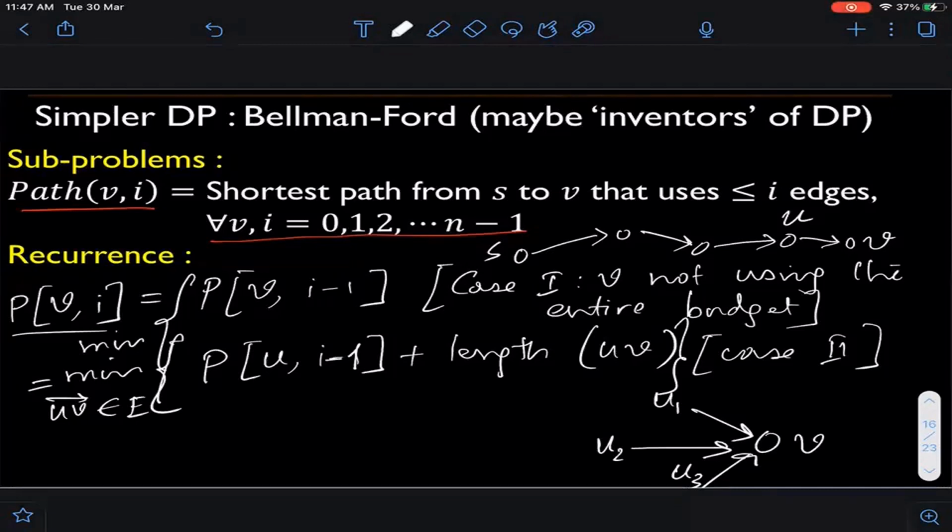And effectively, it's believed that the entire paradigm of dynamic programming started because of the discovery of this algorithm. So it's attributed to Bellman-Ford. It's an important algorithm for you to realize. And what I honestly hate is that all over the internet, Bellman-Ford is written in a cryptic way.